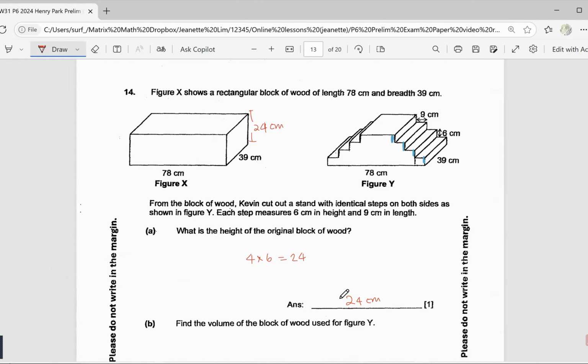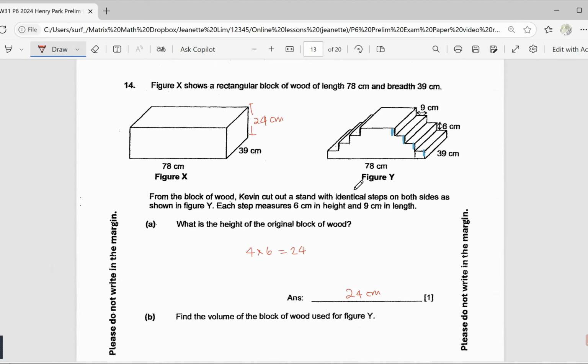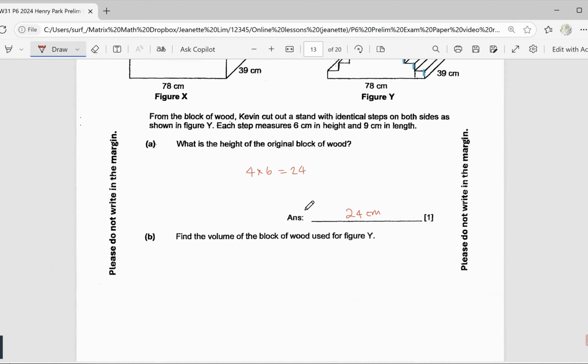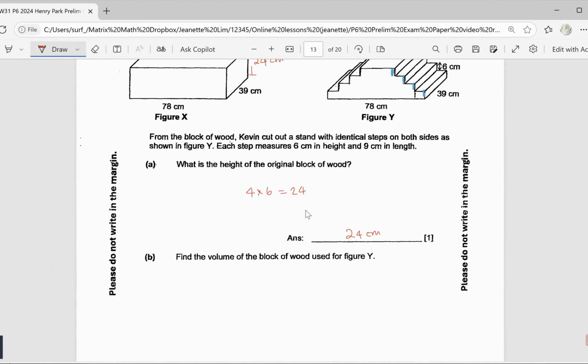Find the volume of the block used for figure Y. So what we want to do is to remove all the rectangles that are being cut out. What it looks like from the side view is 4 steps, 1, 2, 3, 4, like that.